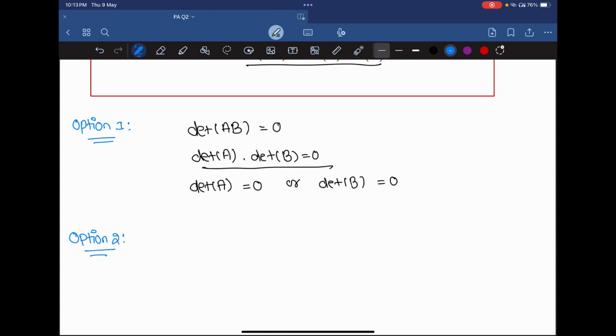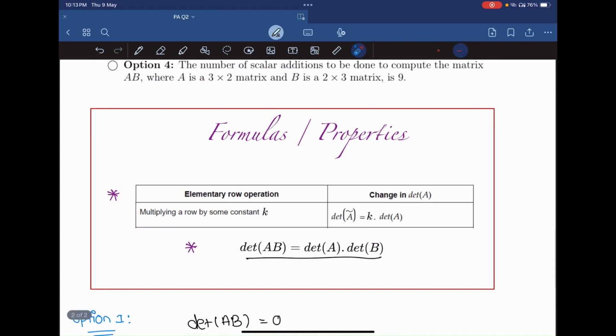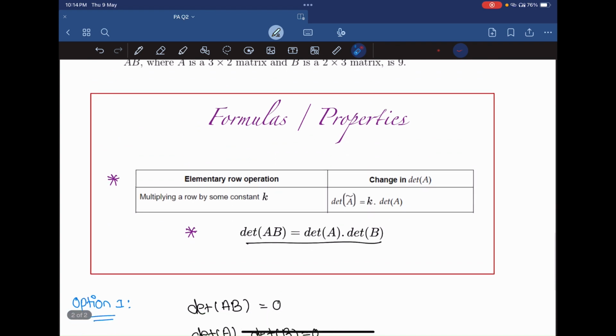So here we need some properties of determinant. One of the properties of determinant says that if for a matrix A, we are multiplying some row by some constant K, K can be any real number here, then let's say the new matrix is denoted by A tilde, then determinant of the new matrix would be equal to K, that is the constant by which we are multiplying, times the determinant of the original matrix.